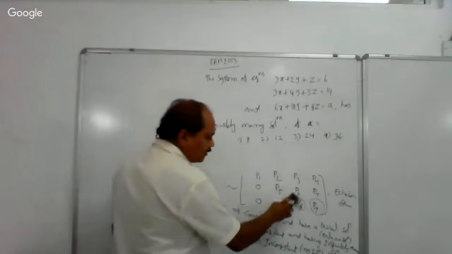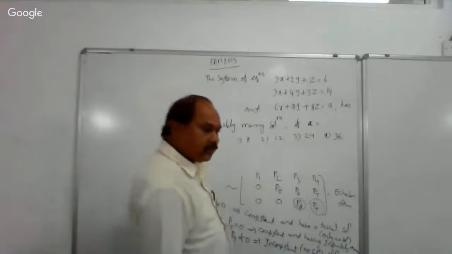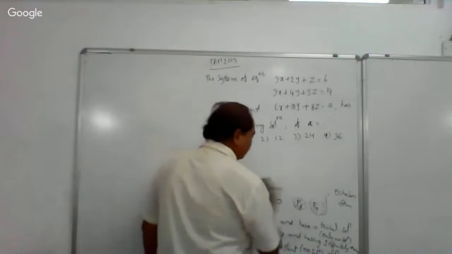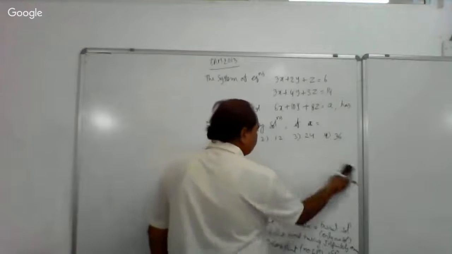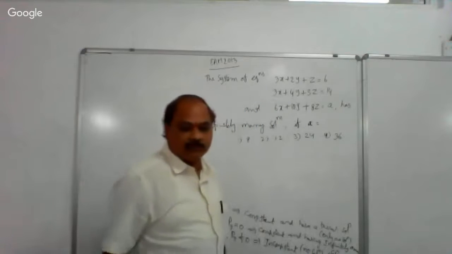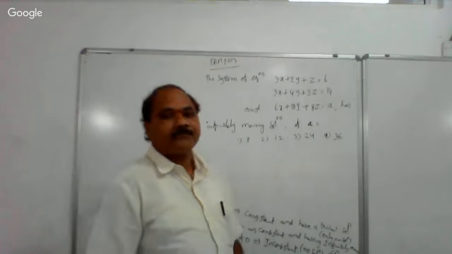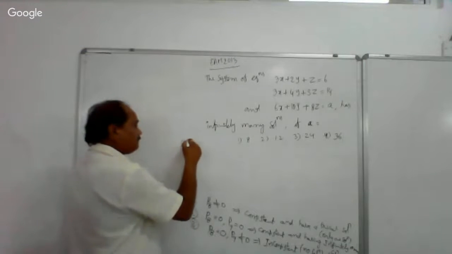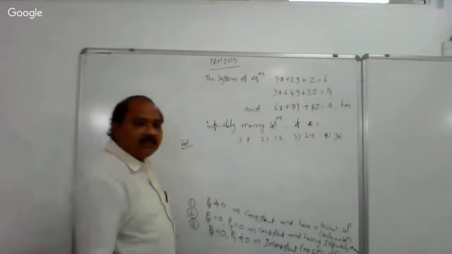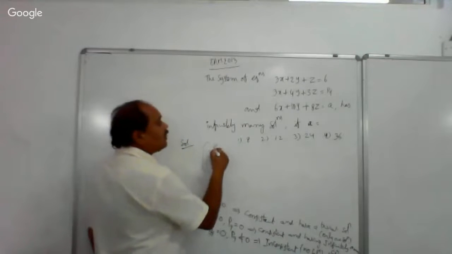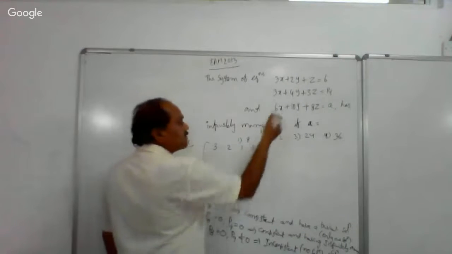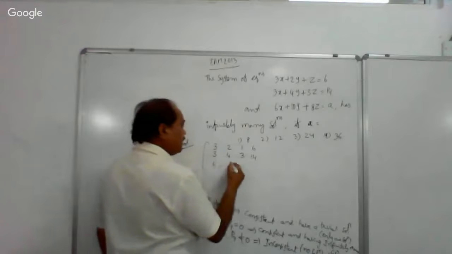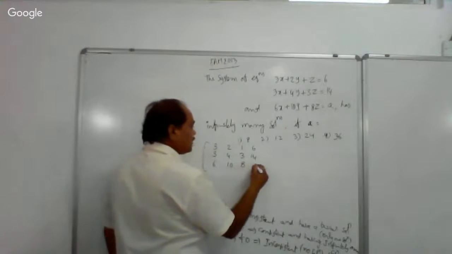Now, try to remember echelon form. Look here. The augmented matrix is 3, 2, 1, 6; 3, 4, 3, 14; 6, 10, 8, a.